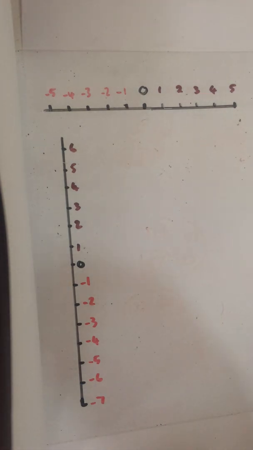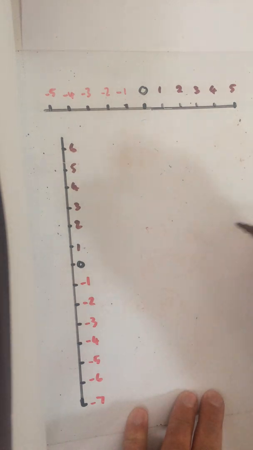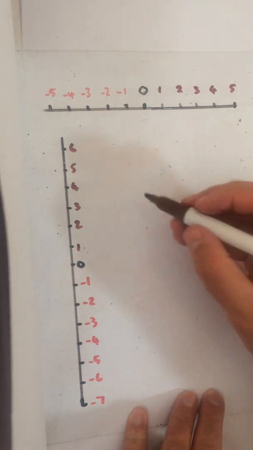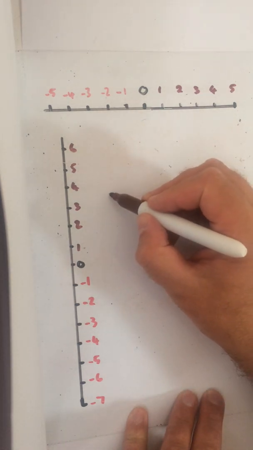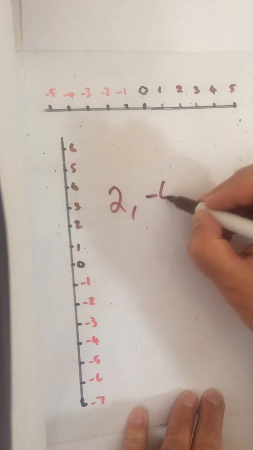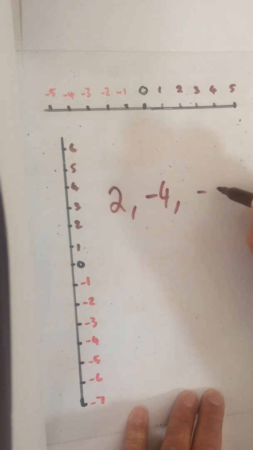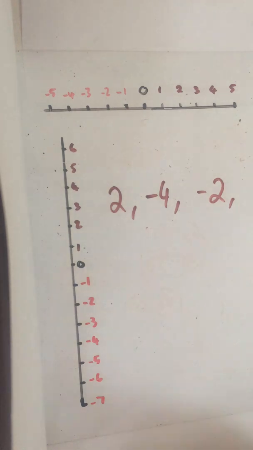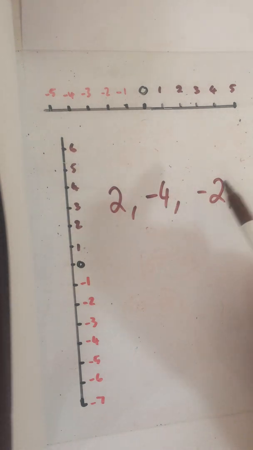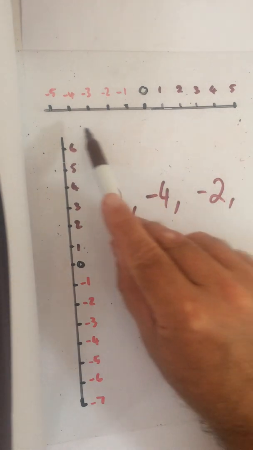So say for example I've got 2, -4 and -2, and I want to put them in order with the smallest first. Now actually the smallest here is -4.